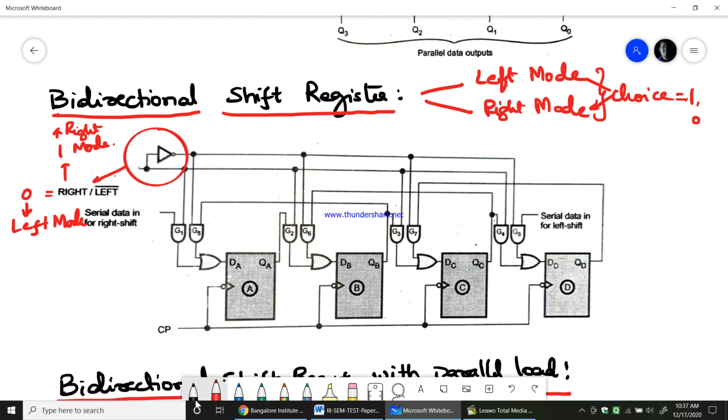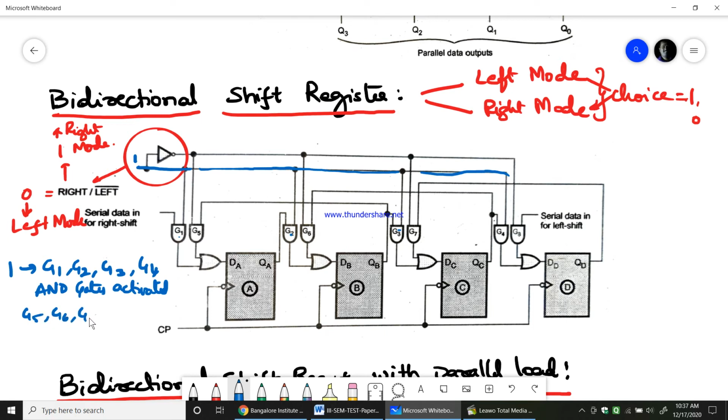This line is connected to G1, G2, G3, G4. So when I give 1 as an input to this, then 1 makes G1, G2, G3, G4 get activated, whereas G5, G6, G7 and G8 are deactivated.